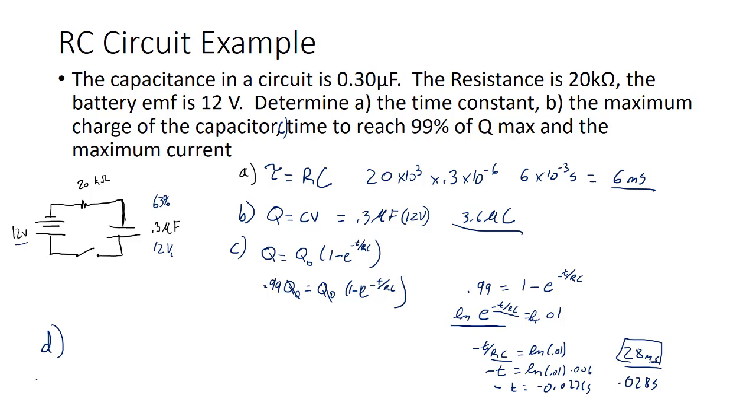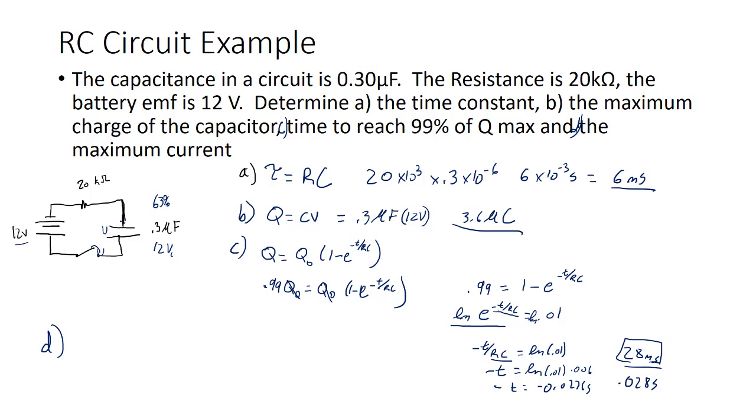Now question D says the maximum current. Well, the maximum current occurs right when the switch is closed because there's no potential here, so there's no impedance, there's nothing preventing the flow of charge.